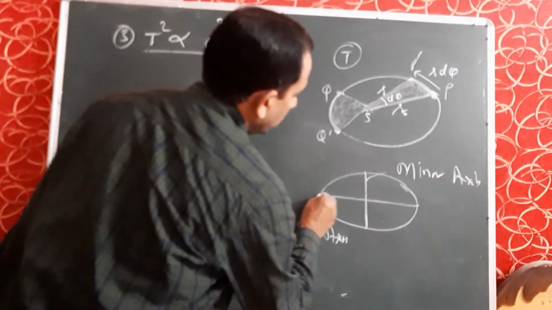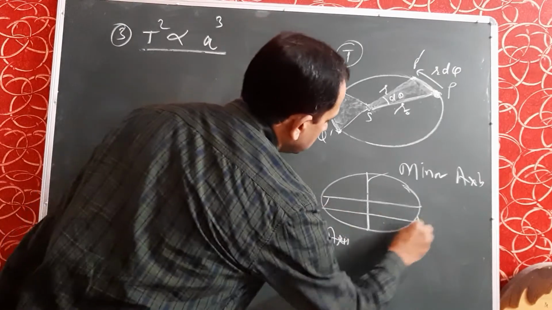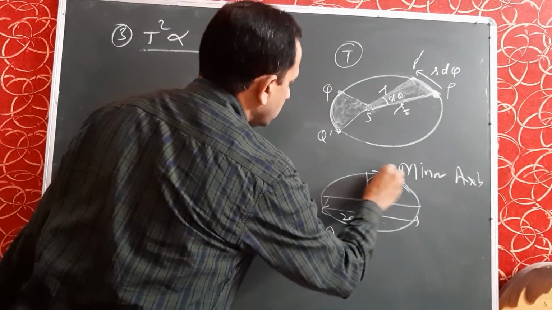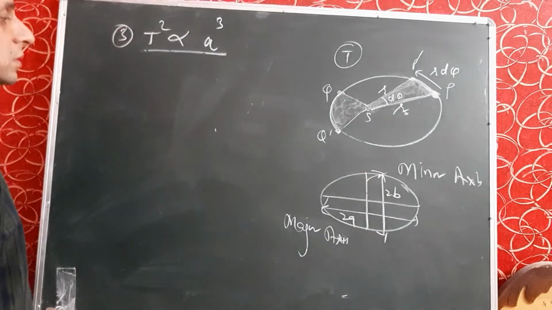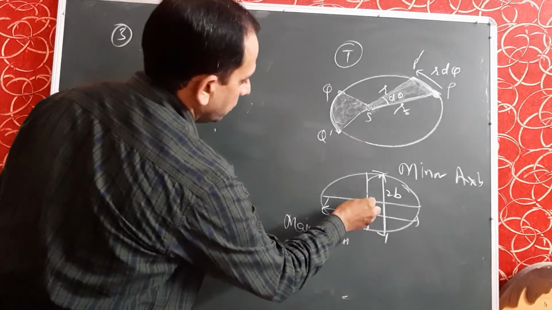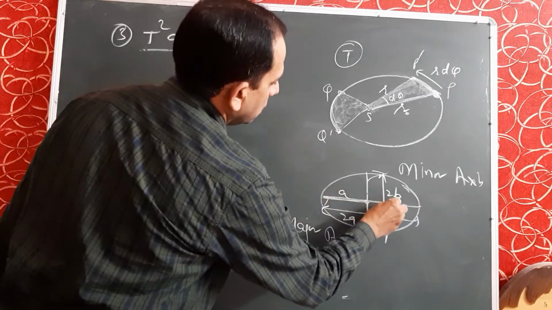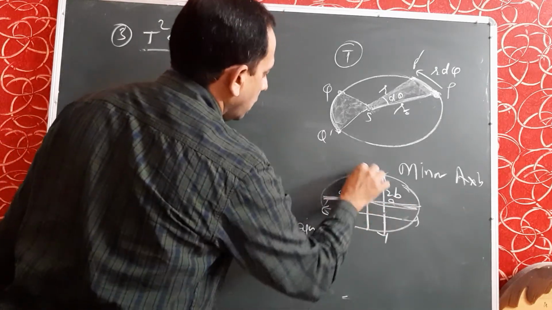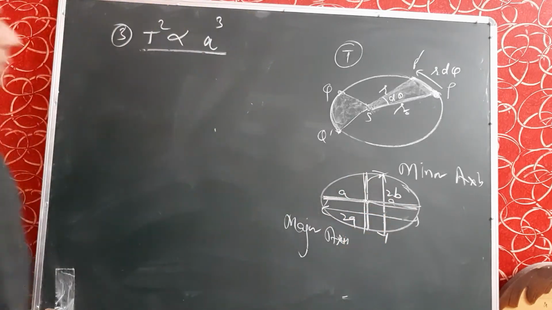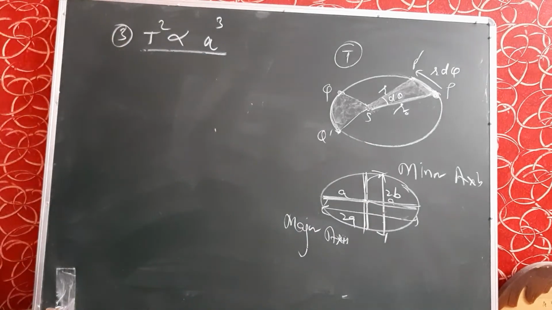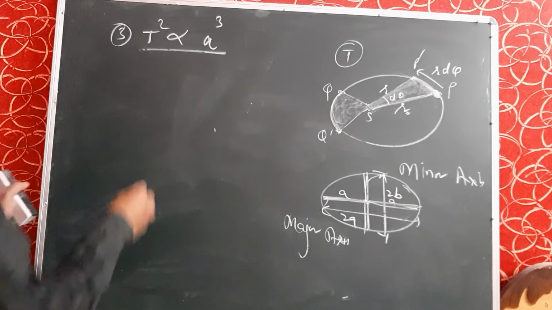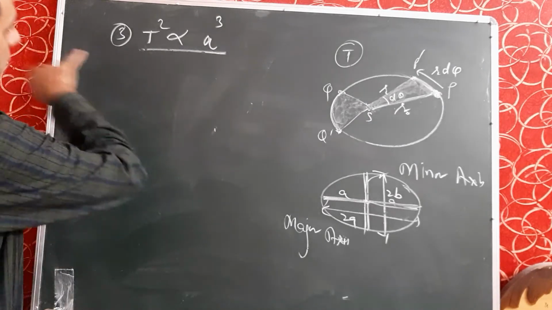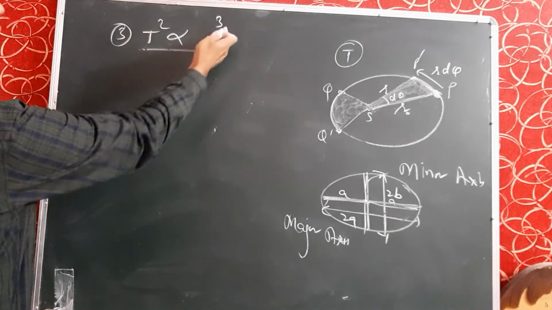So the total major axis is 2a, and this one is 2b, the total minor axis. Half of the major axis is a, and half of the minor axis is b. So these are two parameters, a and b, which are connected with the ellipse. According to the third law, T square is proportional to the cube of a.